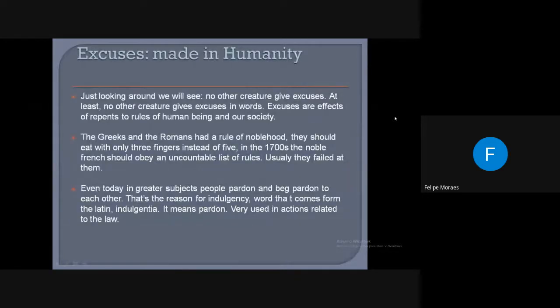Just looking around, we will see no other creature gives excuses. At least, no other creature gives excuses in words. Excuses are effects of repentance to rules of human beings in our society. The Greeks and the Romans had the rule of noblehood. They should eat with only three fingers instead of five. So, if he wanted to take food with a whole hand, he would not be seen as a good person, as a noble person.